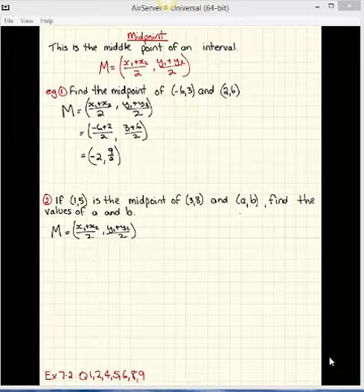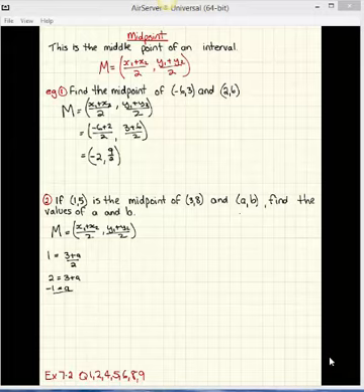So what I'm going to do here is I'm going to separate it out and just deal with the x on one and then deal with the y on the other so that we don't get too confused. So that we know that 1 is equal to the halfway point between 3 and a. It's just solving an equation, and it's a pretty simple equation. So 2 is equal to 3 plus a, so minus 1 is equal to a.